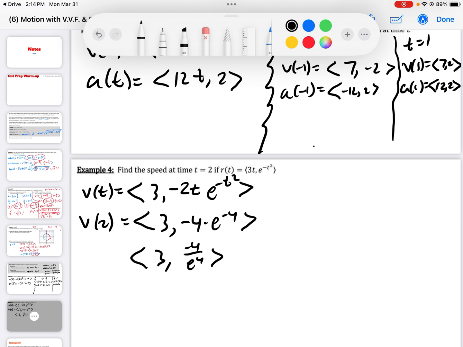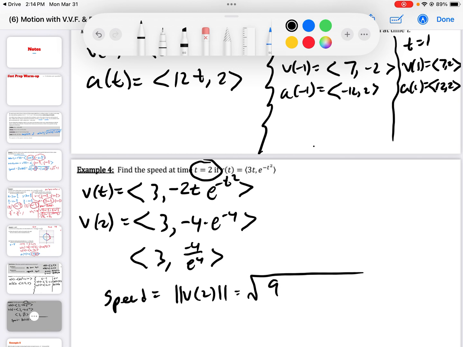So the speed is the magnitude of velocity, the speed at 2. When time is 2, I plugged in 2, which makes finding my speed easier. Speed is equal to the magnitude of velocity plugged in at 2, the square root of 9 plus 16 over e to the 8th.